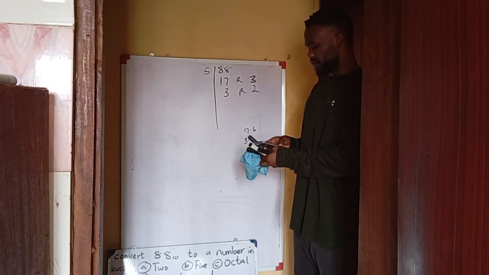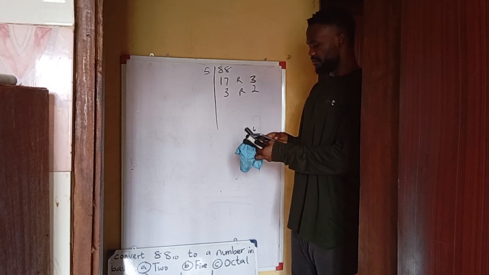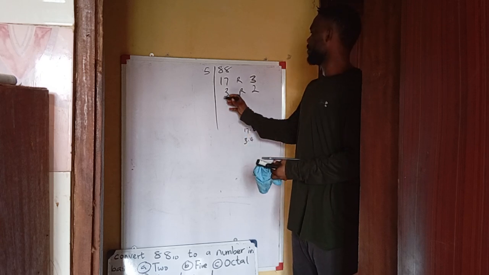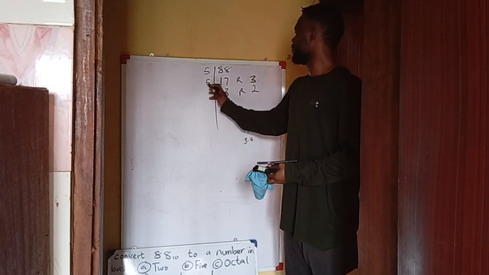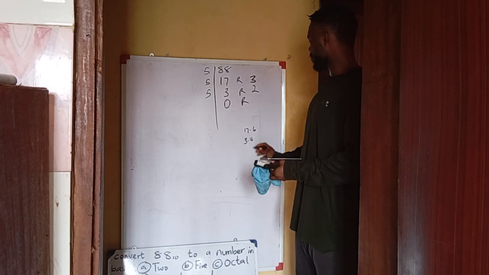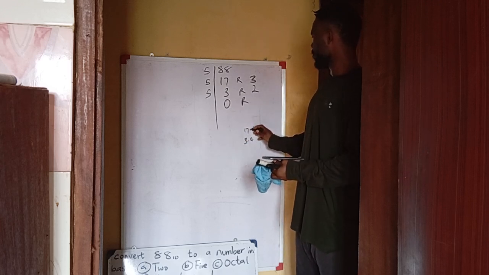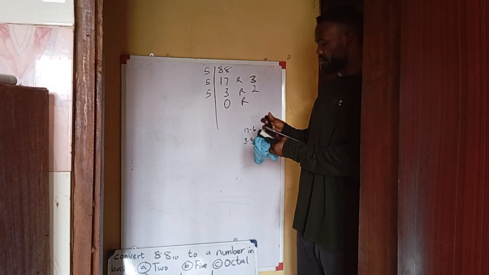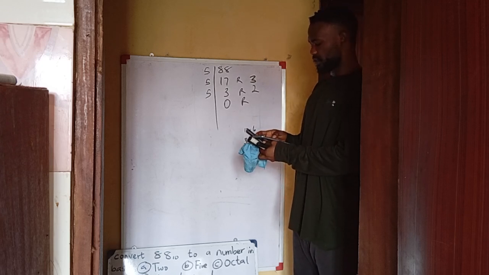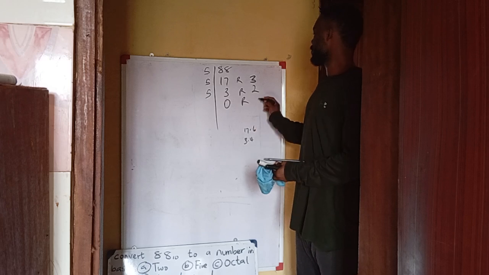If I do 3 divided by 5, I'll get 0.6. At this point, write 0. Remainder: you got 0.6, which is the same thing you got here. You simply do 0.6 times 5, which is going to give you 3.